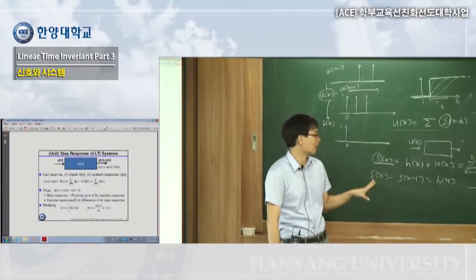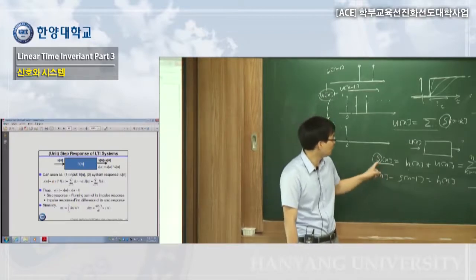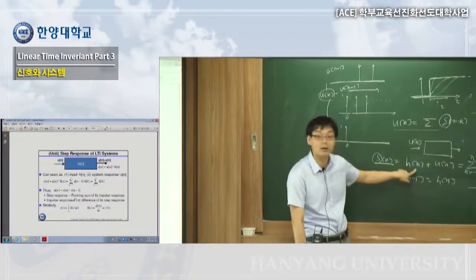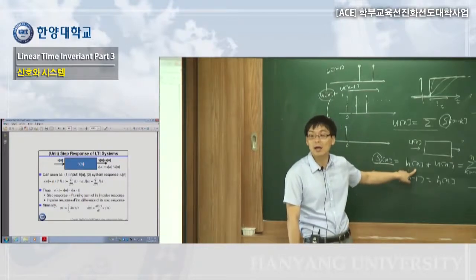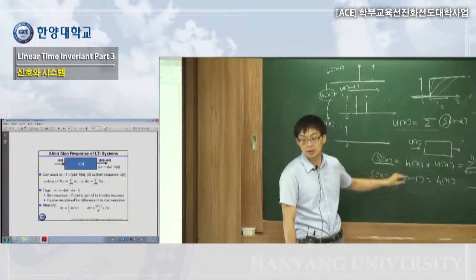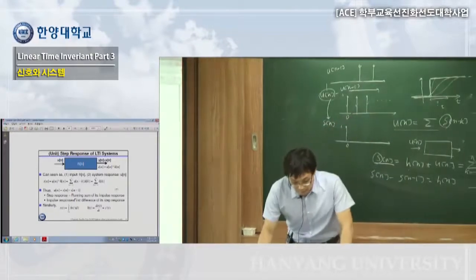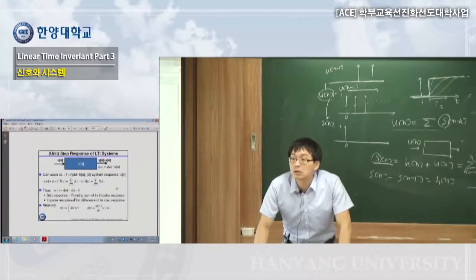That's very intuitively right. But the question was, what if we directly calculate Sn minus 1 from here? Does it really happen? That's the question. So it needs some derivation, so I will cover it after the class. Other questions?